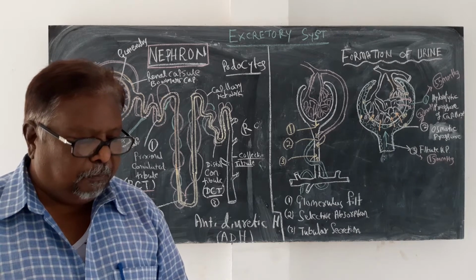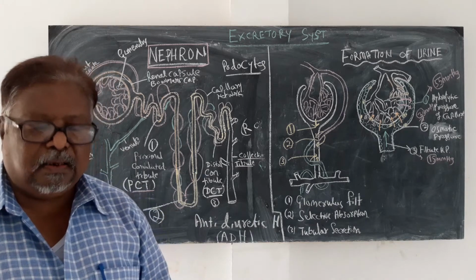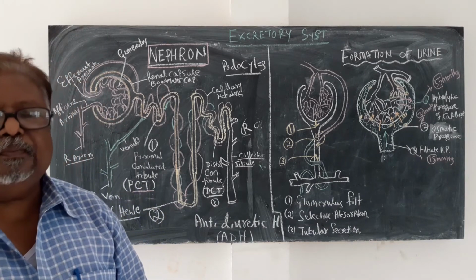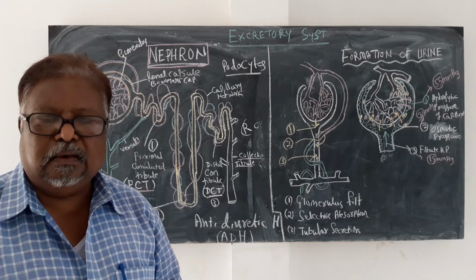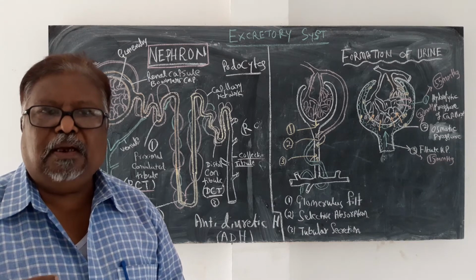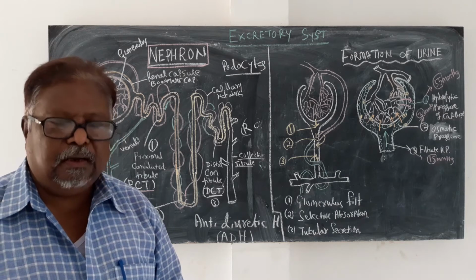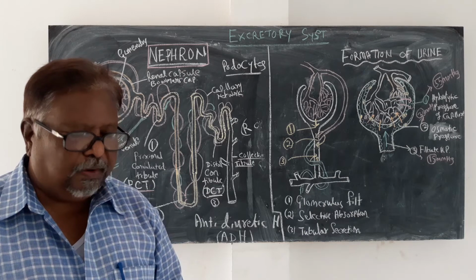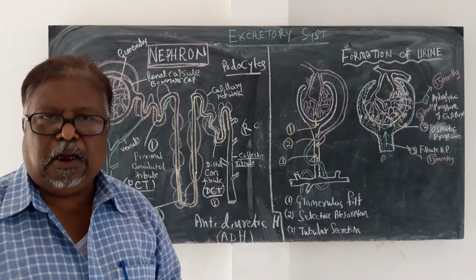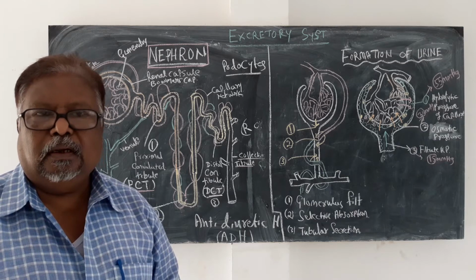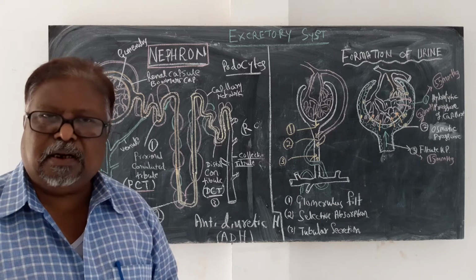Next one, the pH, which is the acid and base balance in the blood. This pH is maintained by removal of hydrogen ions. Hydrogen ions are very important electrolytes for pH maintenance.